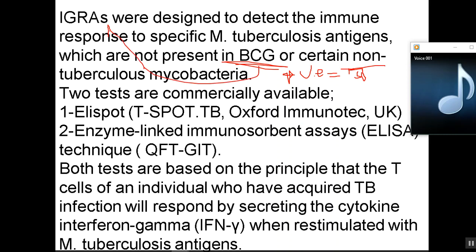So when we re-stimulate the patient's cells with TB bacilli, we get a positive result. So the patient has old infection or no infection. But BCG vaccine or the tuberculin test cannot differentiate between BCG vaccine or TB infection.